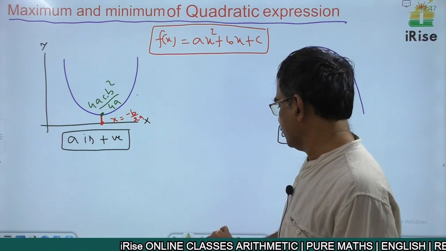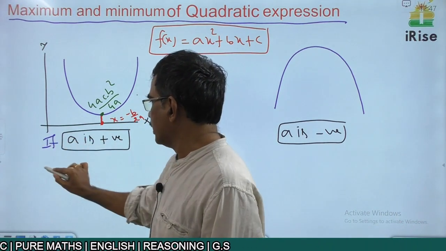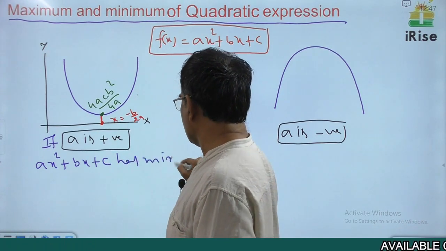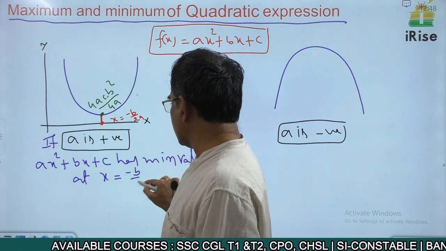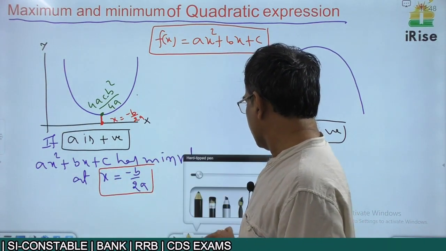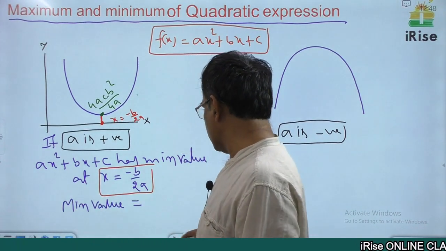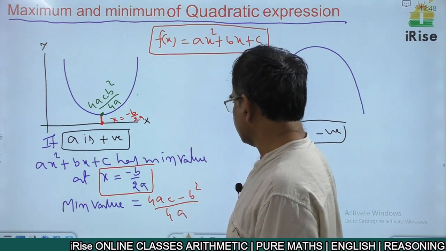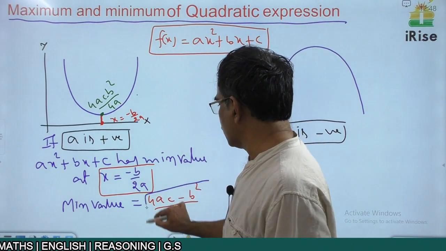Therefore, we can say that if a is positive, then ax square plus bx plus c has a minimum value at x is equal to minus b by 2a, and the minimum value is 4ac minus b square by 4a.